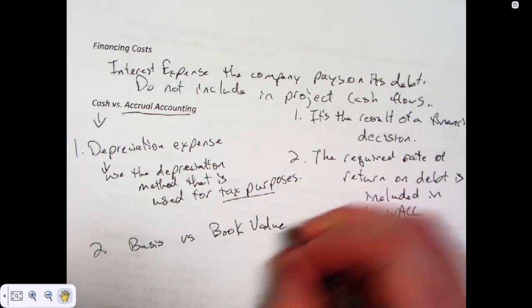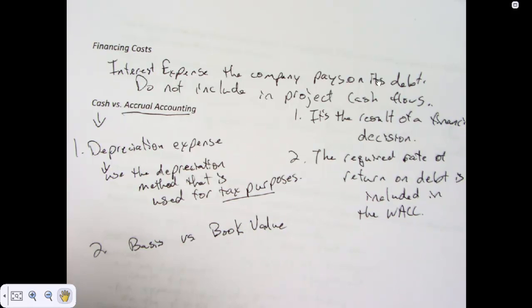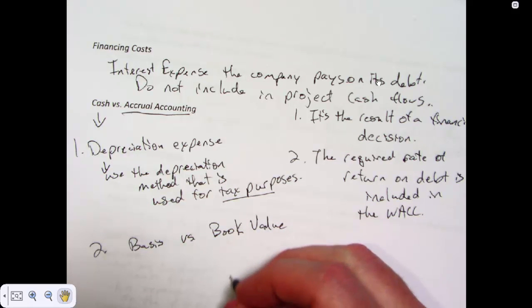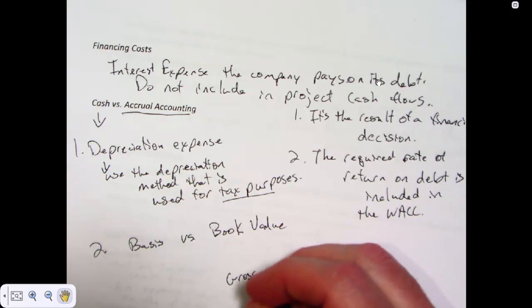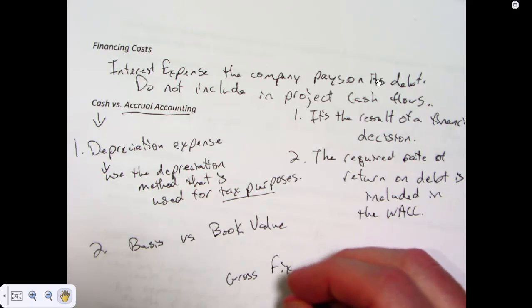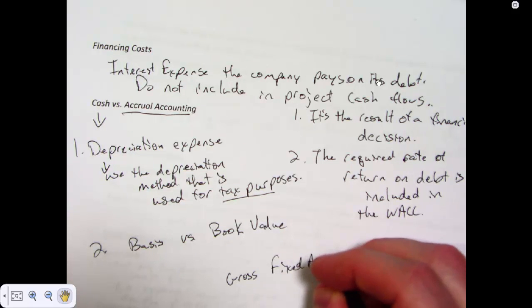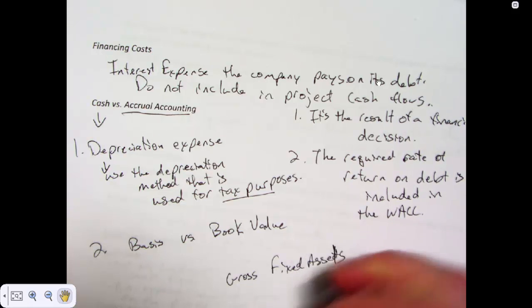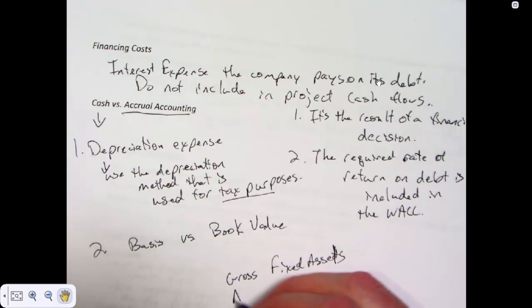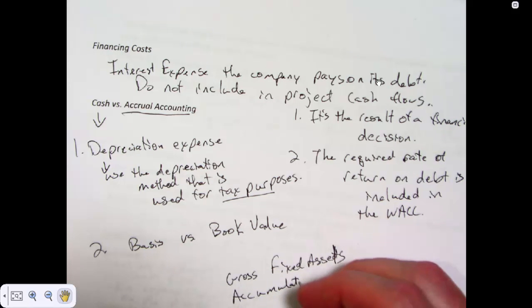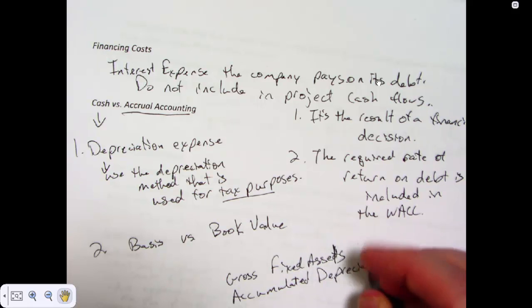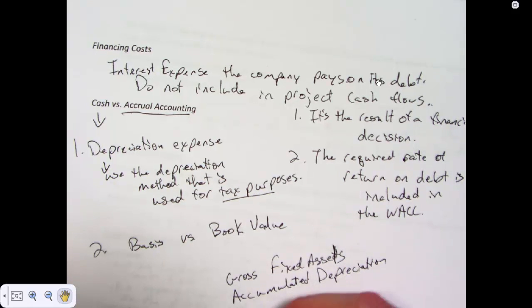If you think of the fixed assets portion of a balance sheet, we have gross fixed assets, minus accumulated depreciation, and then we have net fixed assets at the end.